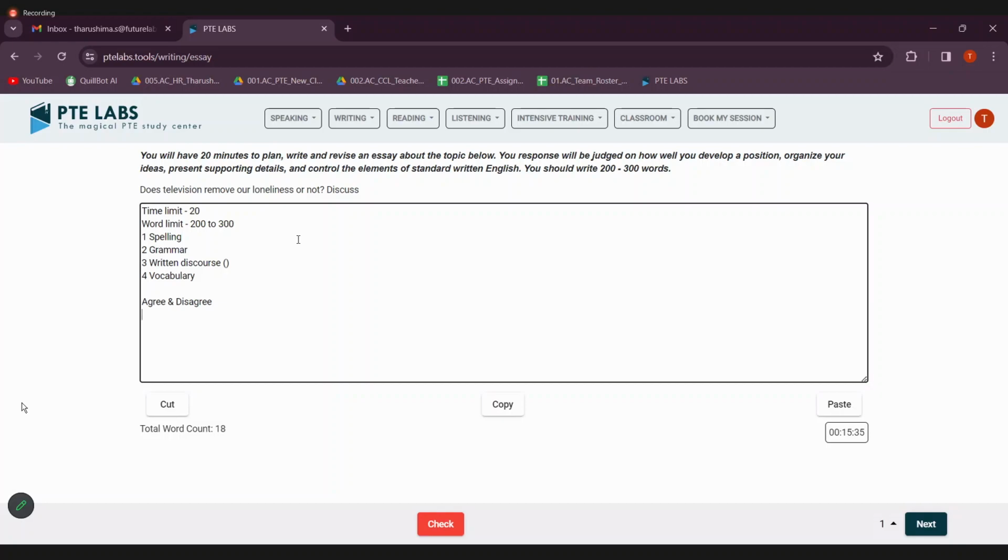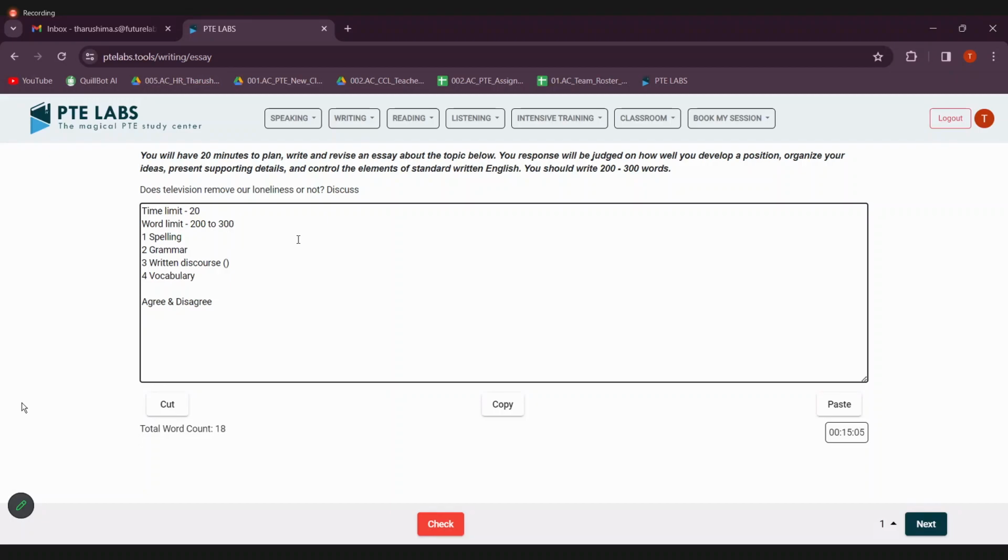Even for that, we have a fixed structure, because this is not easy. You have to write an essay in just 20 minutes and think about every single writing sub skill. So here again we give you a structure, and this structure is fixed for agreeing and disagreeing and advantages and disadvantages.